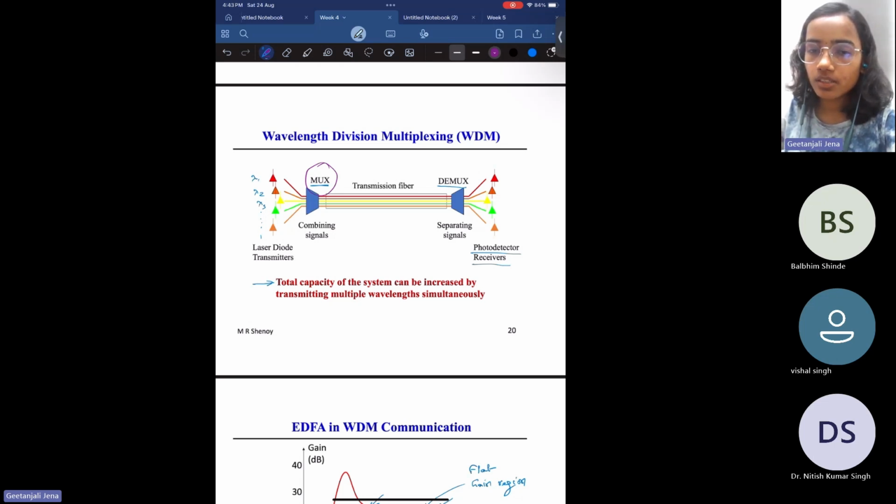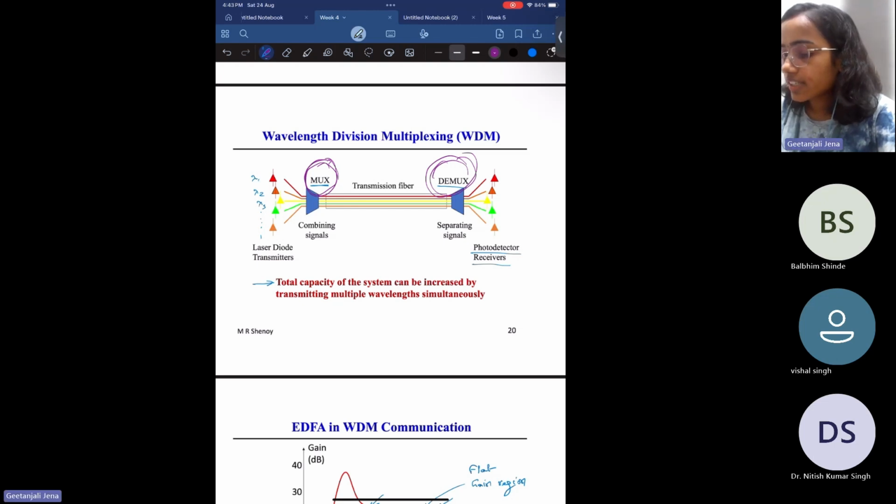Each wavelength is coupled equivalently in this multiplex system. And demultiplexer means we are separating different signals. So lambda 1, lambda 2, lambda 3, we couple to this fiber, which may be EDFA, using multiplexing, and we separate them using the demultiplexing coupler.